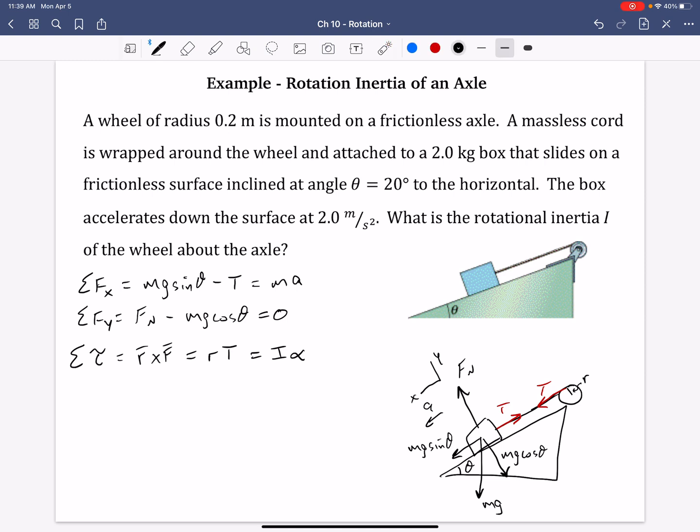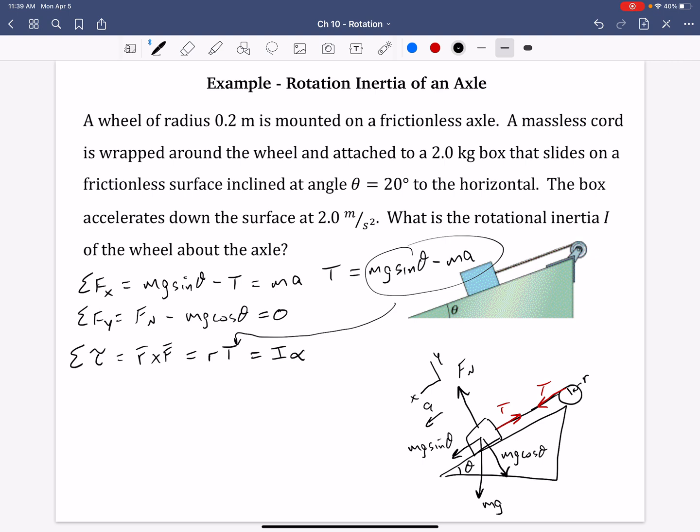All right, so we need to solve for tension. I'll use the x equation and get an expression for tension. That gives us mg sine theta minus ma. And so now I'll take all that and plug it in to the tension in the torque equation.